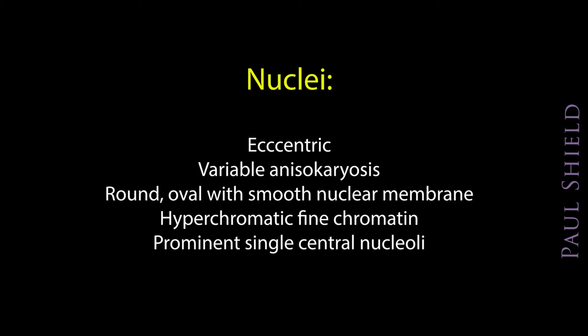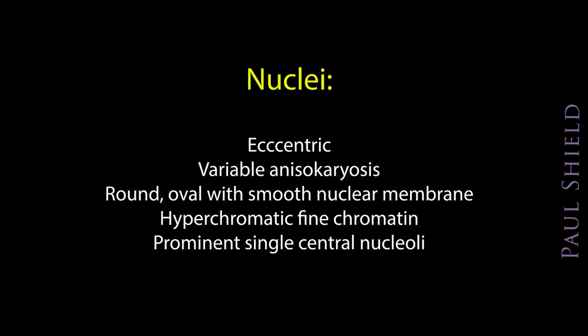Low-grade tumours that are well differentiated will show a small amount of anisokaryosis, whereas less differentiated tumours, high-grade, will show quite variable size and shape of nuclei. Generally speaking, adenocarcinomas have nice round or oval nuclei that have quite smooth nuclear membranes, so they don't tend to be very indented a lot. They certainly don't tend to be spindled either.